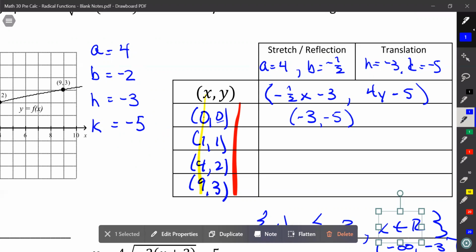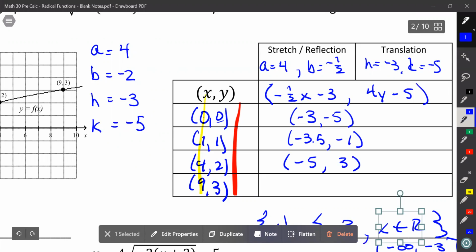-1/2 times 1 is -1/2 minus 3 is -3.5. And 4 times 1 is 4 minus 5 is -1. -1/2 times 4 is -2. Minus 3 is -5. 2 times 4 is 8.